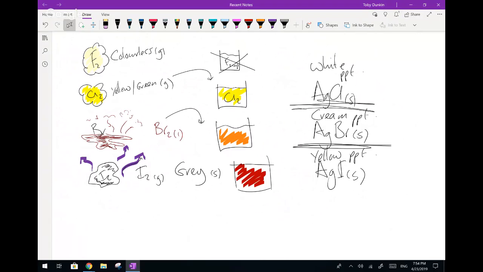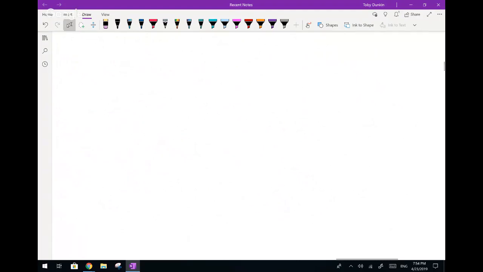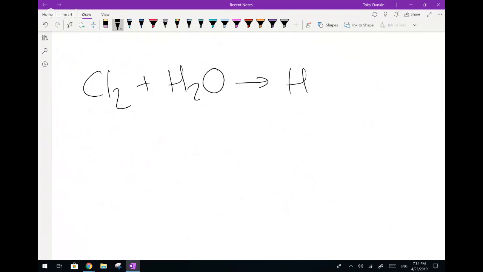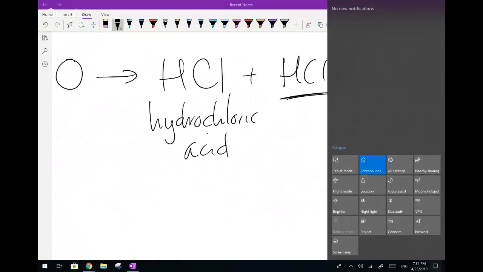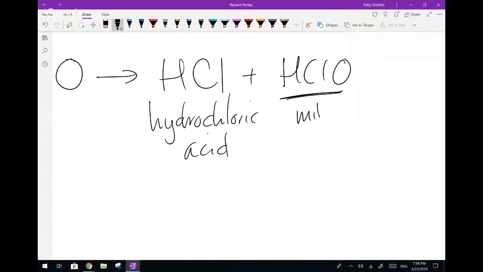It is because when we add chlorine to water to sterilize it, not to clean it, you form HCl, which is hydrochloric acid, because it's in water, and you also make HClO. That's called hydrogen chlorate(I), and that's bleach. That's mild bleach.